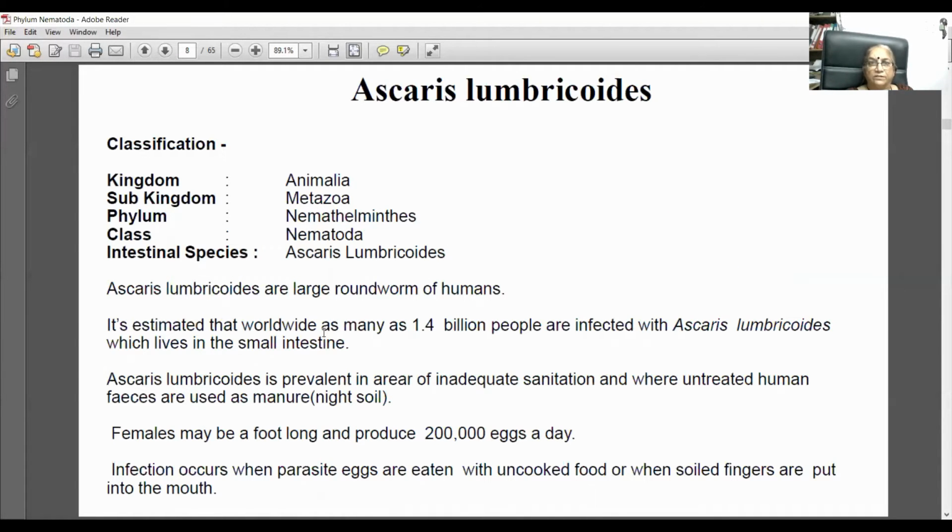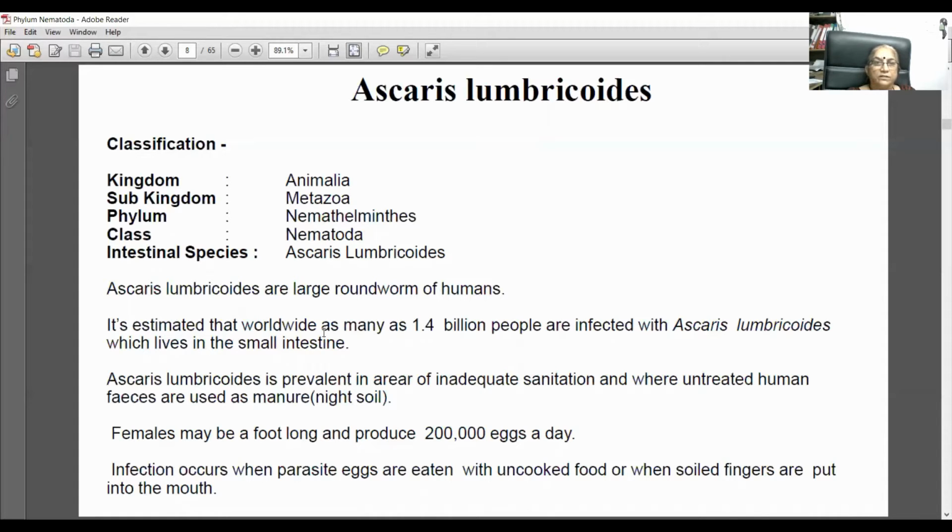Ascaris lumbricoides. The common name of this worm, most of you might have heard, is roundworm. Roundworm infection is very, very common among children. Not only children are infected, even adults are equally infected with Ascaris.